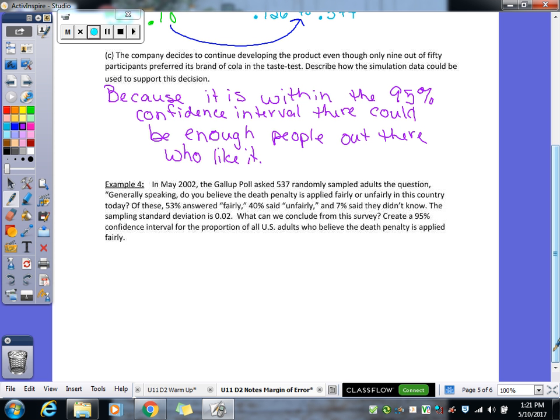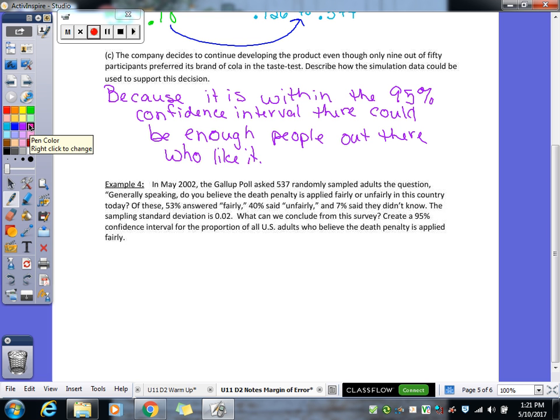In our next example, we have in May of 2002, the Gallup poll asked 537 randomly sampled adults the question, generally speaking, do you believe the death penalty is applied fairly or unfairly in this country today?